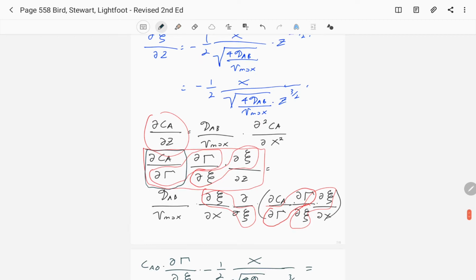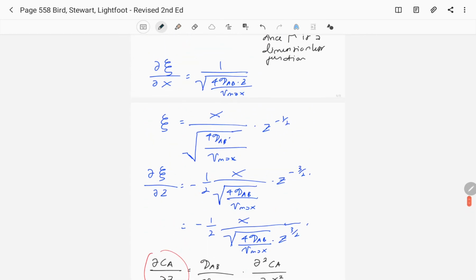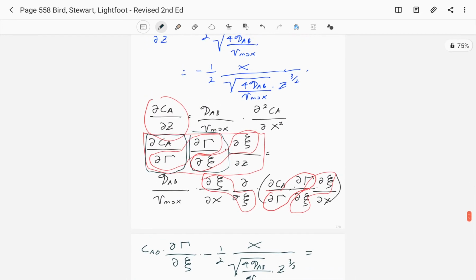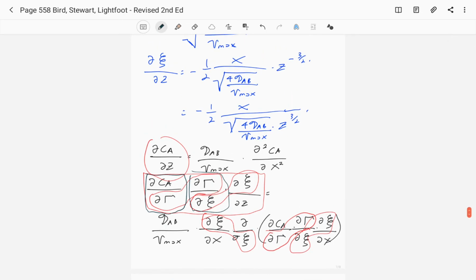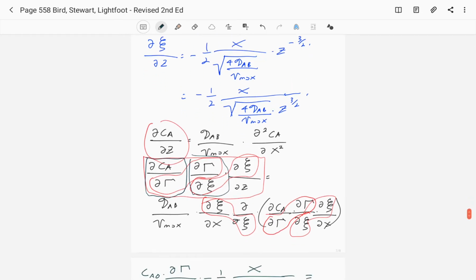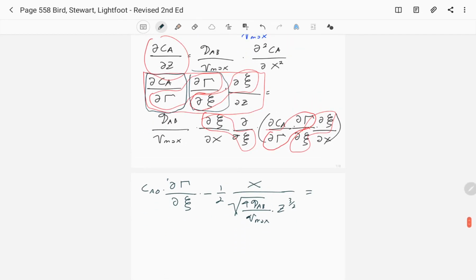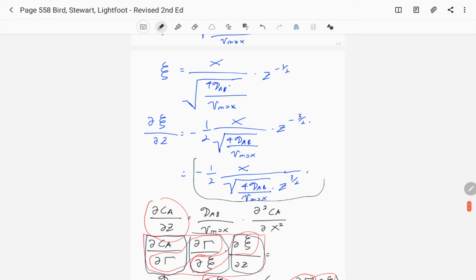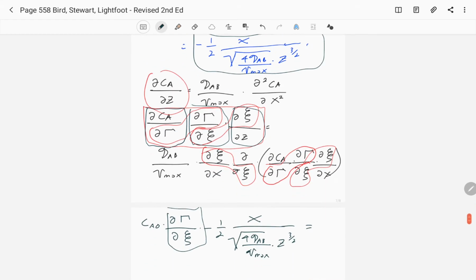Okay, the second term in here will be equal to this term in here, and then this term in here will be this term in here, right?